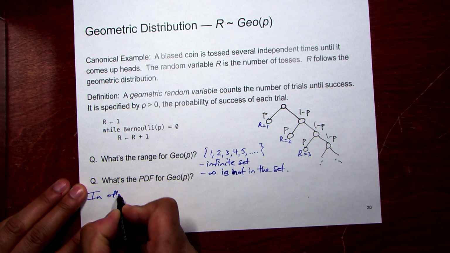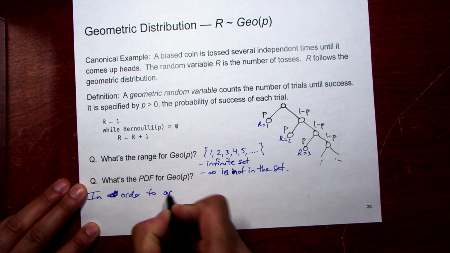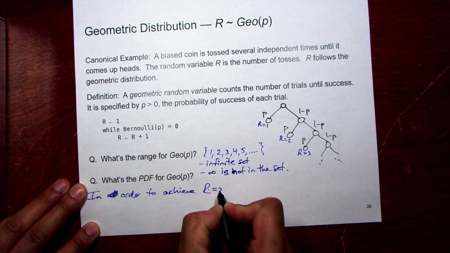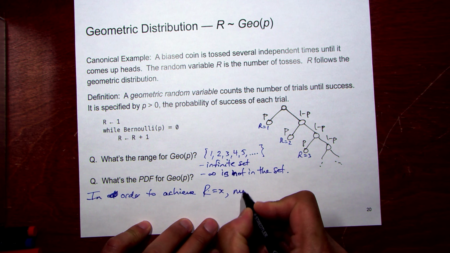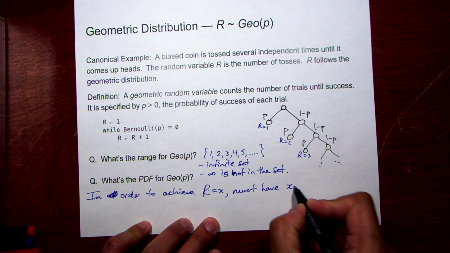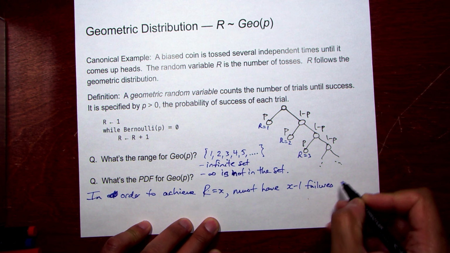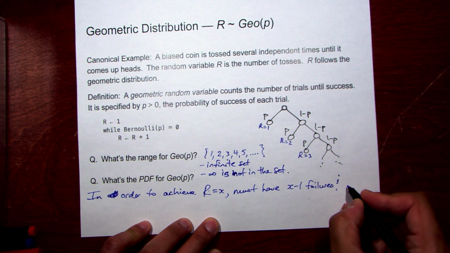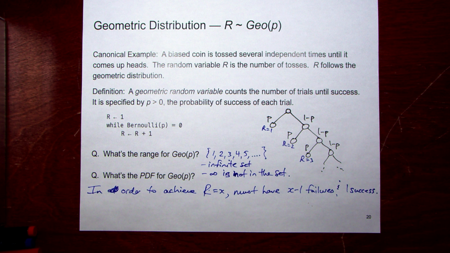So in order to achieve r equal to x, we must have x minus 1 failures and 1 success. And we can use the tools that we've got in our bag to analyze this. All the flips are independent.